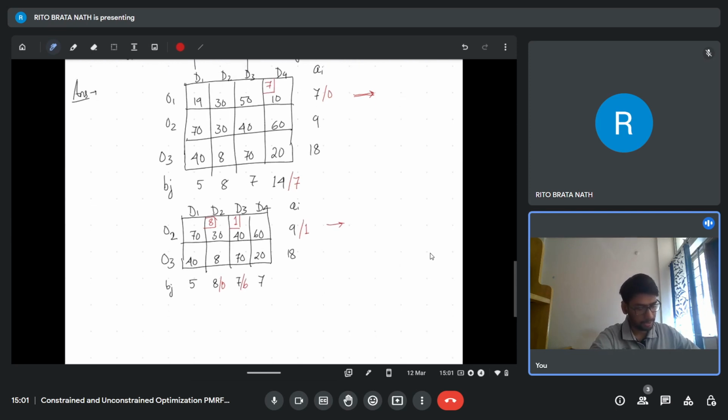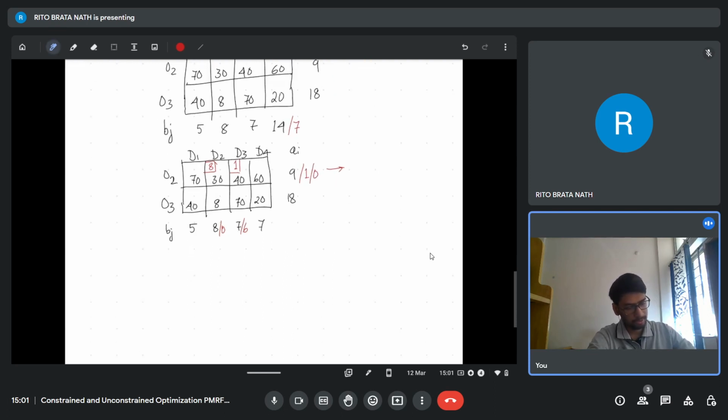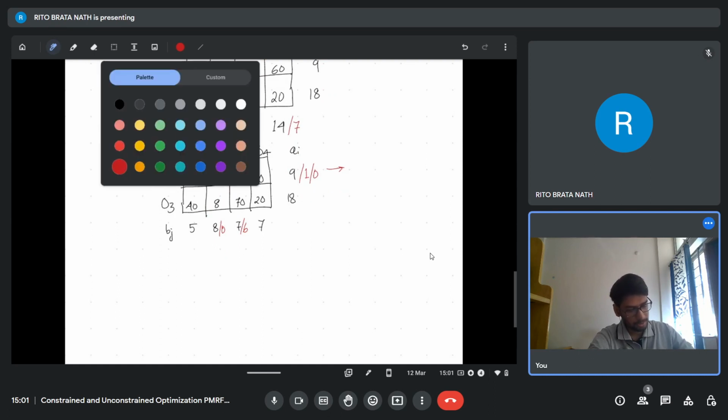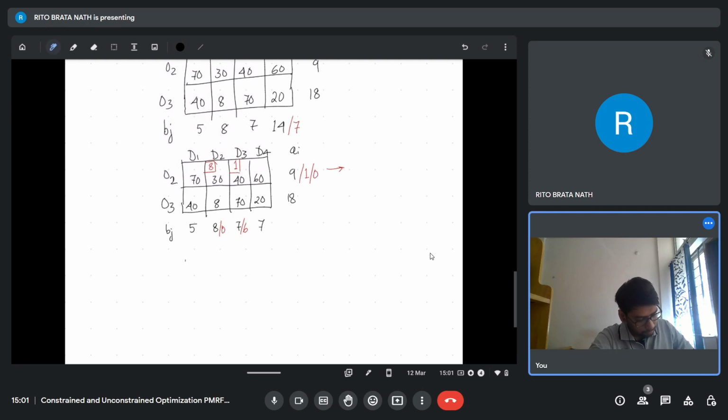So again you can delete the first row because now this has become 0. And you can work with the remaining row, which is the third one. Okay, so let me write down. So this is O3, this is D1, D2, D3, D4.